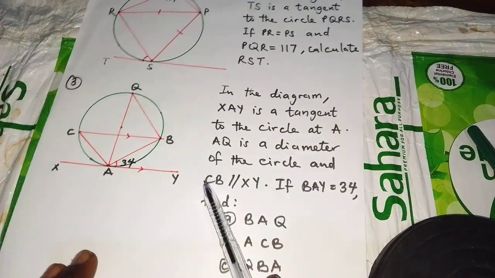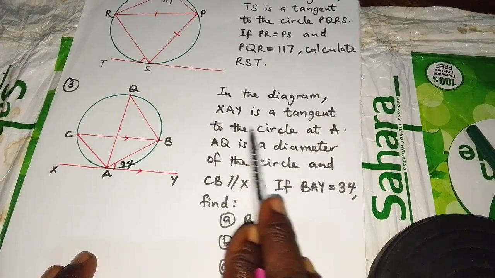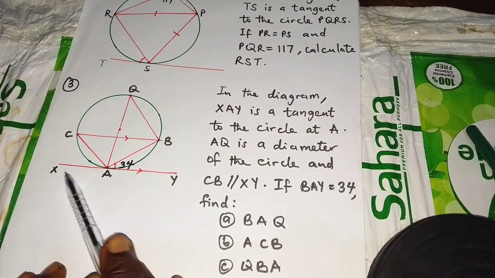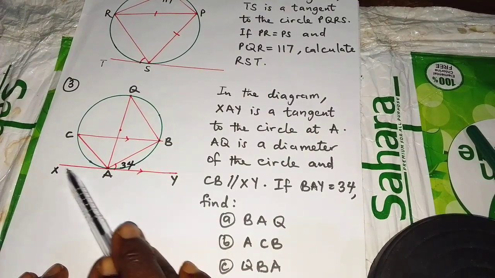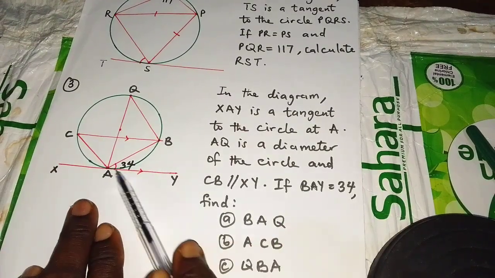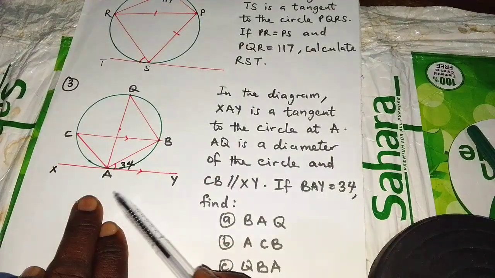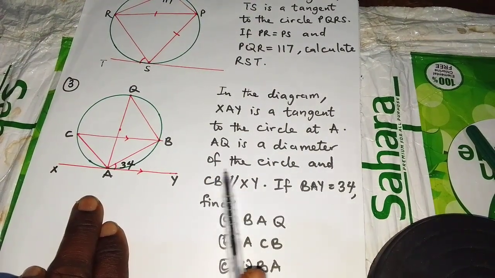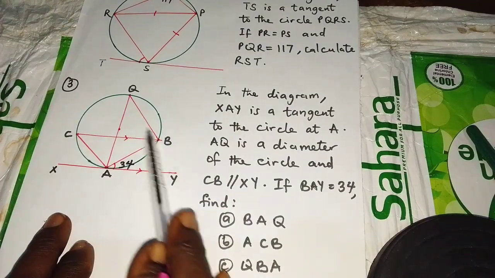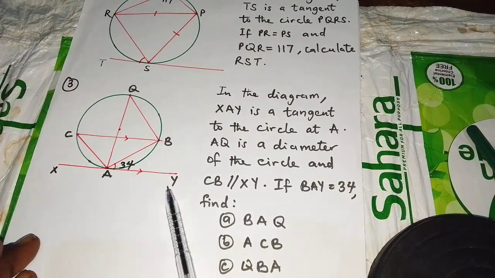Number 3. In the diagram, XAY is a tangent to the circle at A. That is XAY. This is a tangent to the circle at point A. AQ is the diameter. So they said this line is the diameter of the circle, and CB is parallel to XY. This line and this line are parallel.